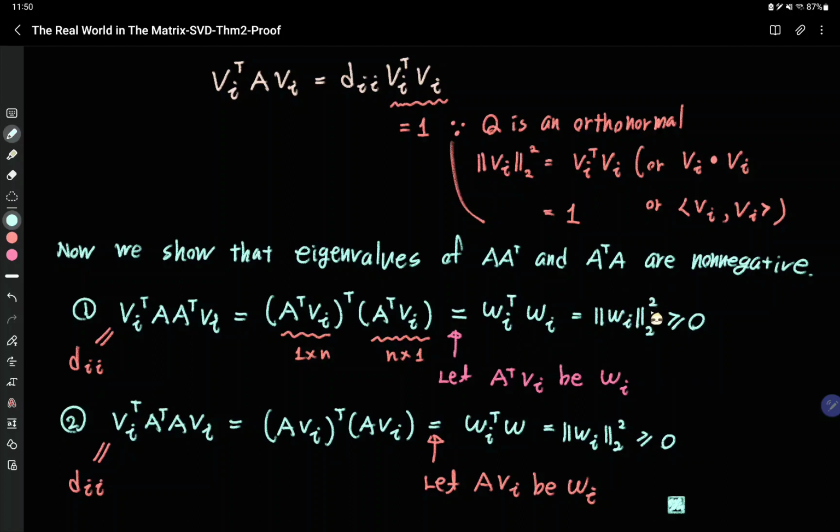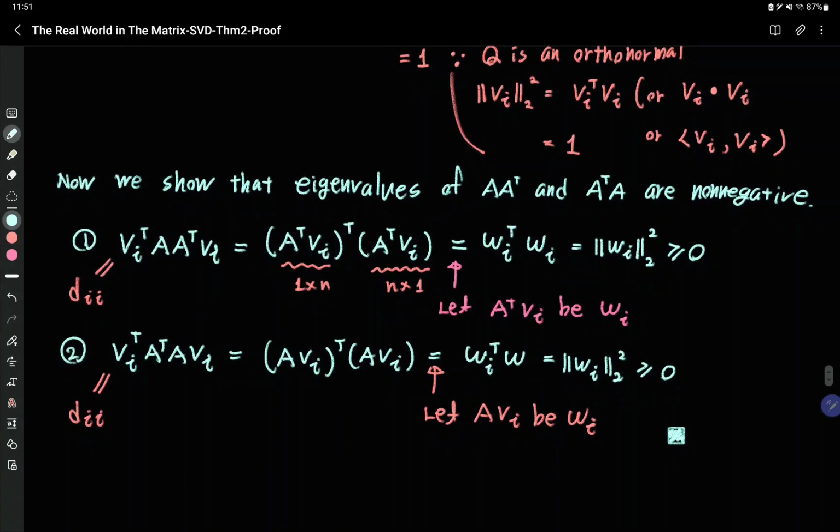Since there is a square, that must be greater than or equal to 0. So Dii, the eigenvalue, turns out to be greater than or equal to 0. Similarly, we can show that Dii, the eigenvalue of A transpose A, is greater than or equal to 0. Okay, so this proof is done.